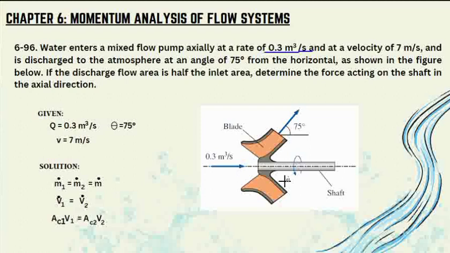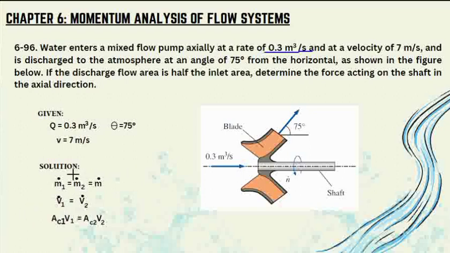Water flow is nearly uniform at the outlet, and thus the momentum flux correction factor can be taken to be beta equal to 1. For properties, we take the density of water to be 1000 kg per cubic meter.